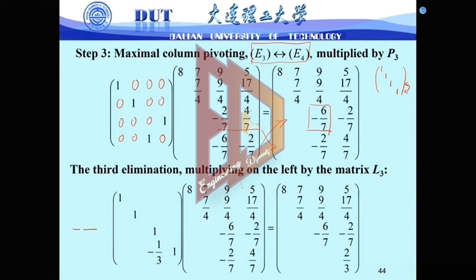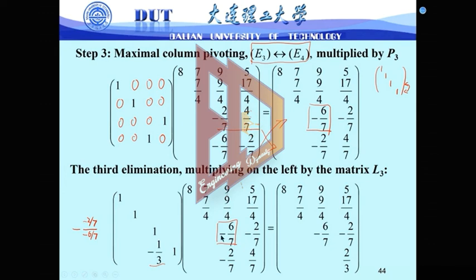Denominator still the pivot, minus 6/7, and because this number is numerator, so minus 2/7 over minus 6/7, that is 1/3. It's okay? So we obtain the new pivot and the new multiplier.